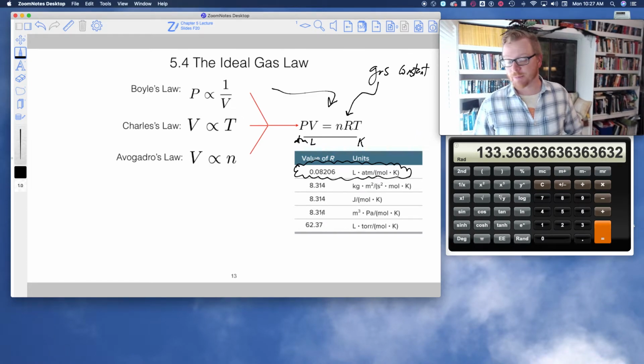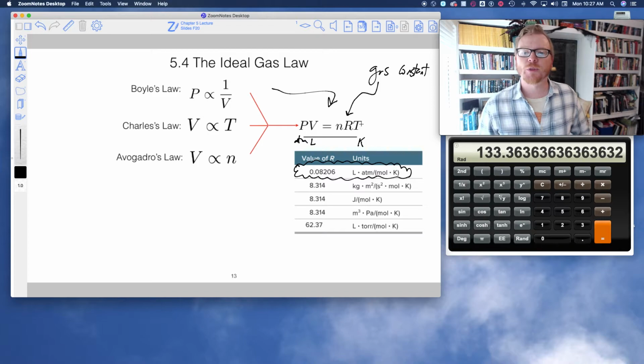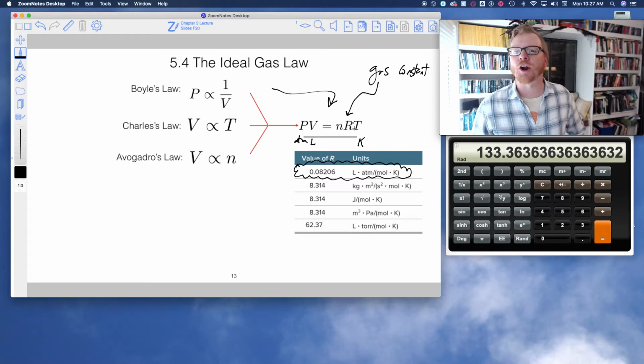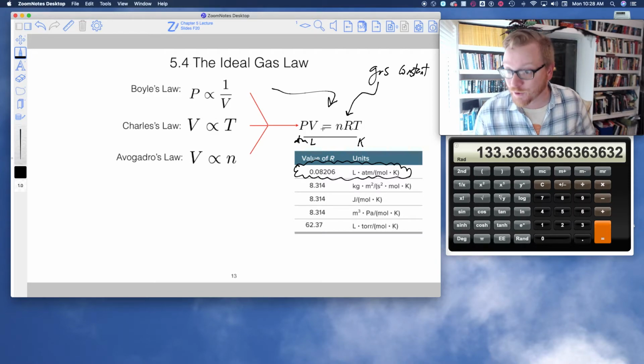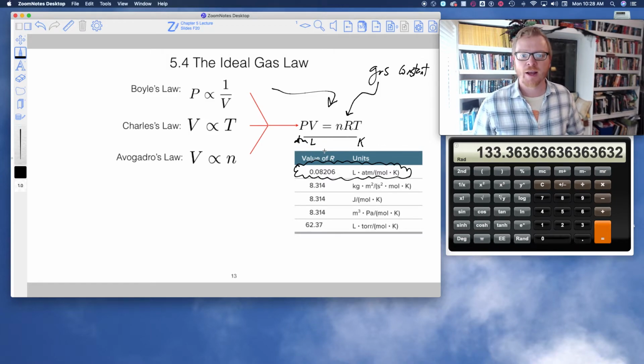And that's how you get this number, okay? And so this gas constant, this R, notice it changes this from being proportionality signs to equal signs. So that's what the constant does, it takes these from being proportionalities to equalities, okay?